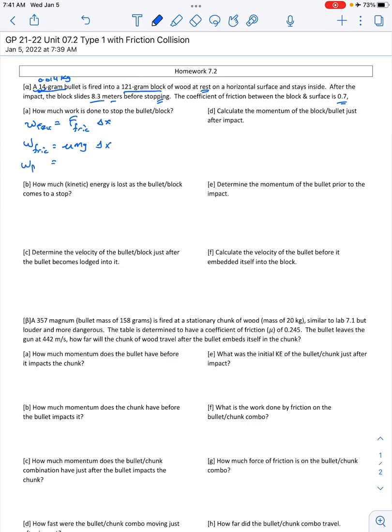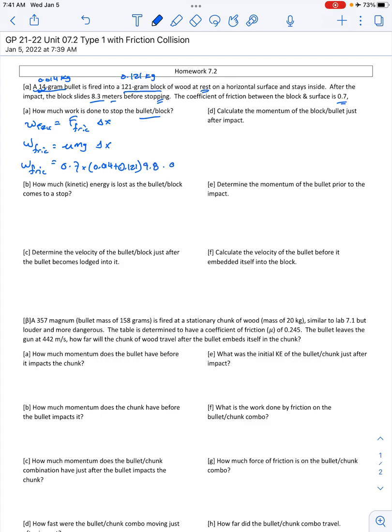Our work from friction here is going to then be mu mg times delta x. So this will be 0.7 times, now, because it's a bullet block combo sliding, we have to take our mass of both of those. This is still grams, so that's 0.121 kilograms. So we're going to take 0.014 plus 0.121, times 9.8, that's our gravity.